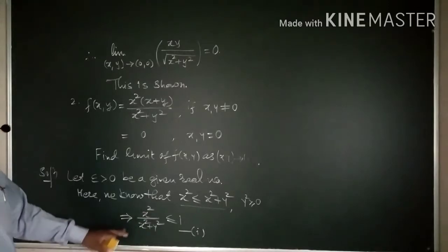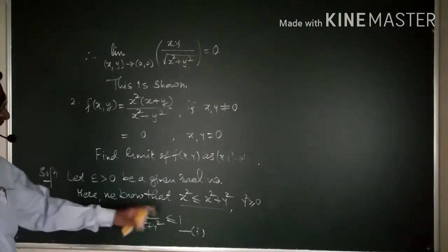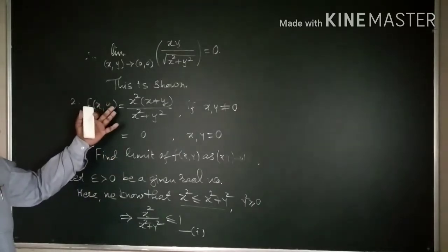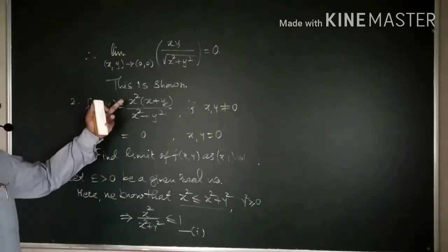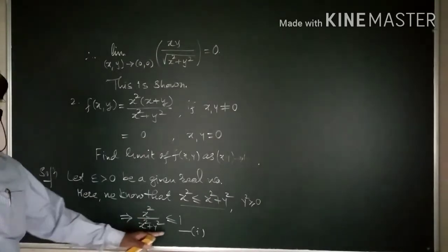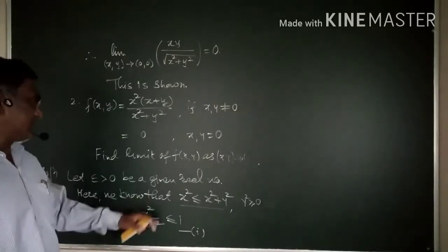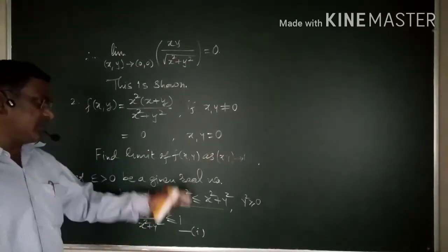Now this thing we are going to use in our expression somewhere else. If you look at the given function, you will find x square upon x square plus y square there, so there is some relation between this and the given function, and that's why we are going to use this.